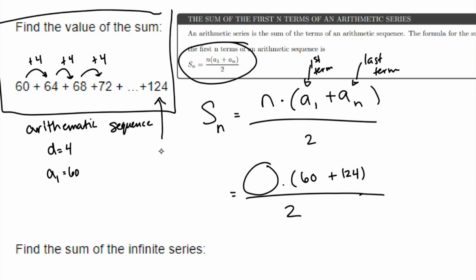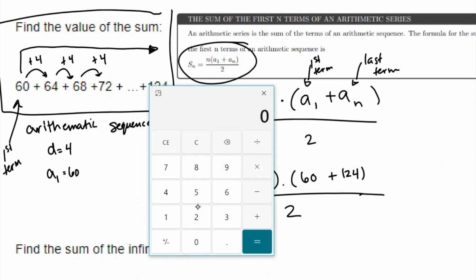Basically we've got to figure out this is the what term, the nth term, and all you know is this is starting off as the first term. Now while you could definitely just count again, figure out how many terms you get till 124, that's going to take time. There's a faster way to figure out what term it is. You first figure out how much distance did this travel. To get to here, 60 to 124, well I could just subtract 124 minus 60.